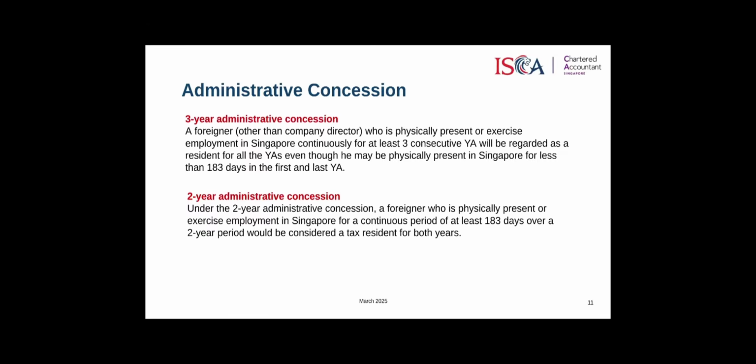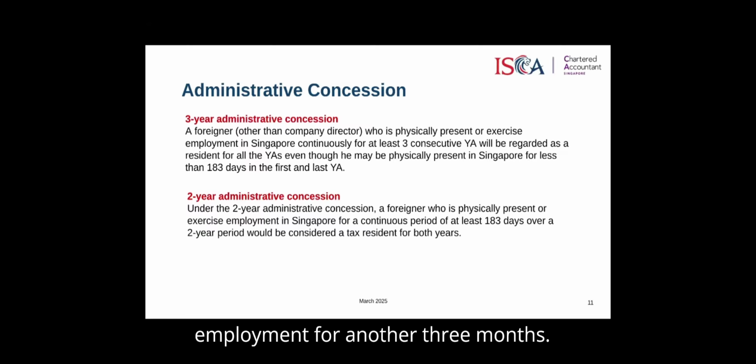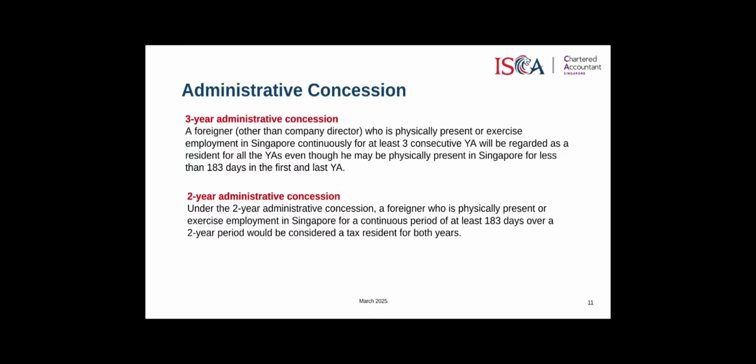And during the last period in Singapore, for 2025, he has also exercised employment for another 3 months. Therefore, he would ordinarily have failed the tax residency test. However, under the 3-year administrative concession, because he has been exercising an employment in Singapore continuously for at least 3 consecutive YAs, he will be treated as a tax resident for all the 3 YAs for Singapore individual tax purposes.